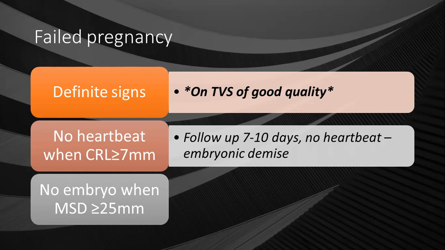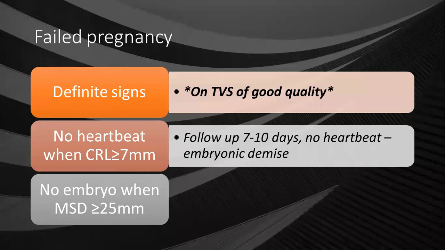Whilst we are on this CRL and heartbeat issue, I had a case which was approximately 6 weeks and some days, and I got an embryo which was visible, but there was no heartbeat on B-mode imaging. For some reason, I kept on scanning.